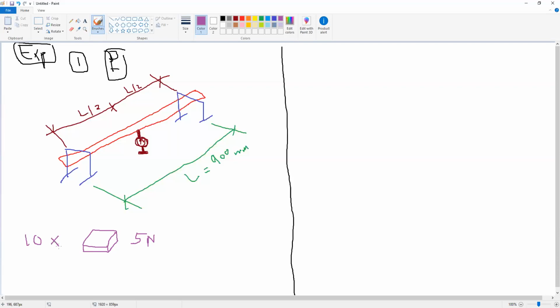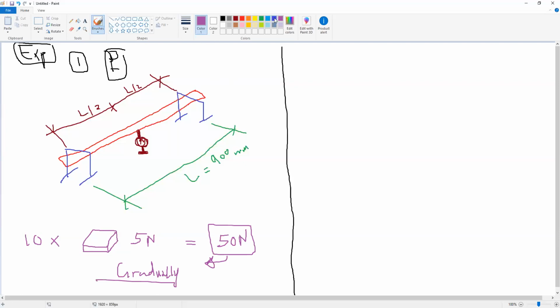So we have 10 weights. Each weight is 5 Newton. So the maximum force we have is 50 Newton. We will apply this 50 Newton to the beam, but gradually, to measure the deflection at different levels of loads.